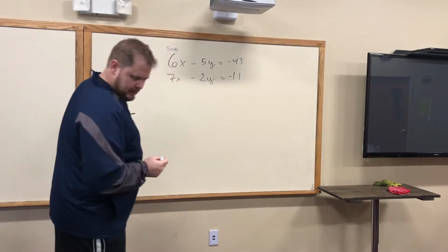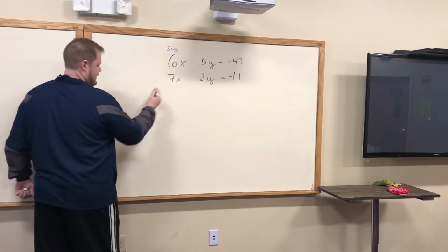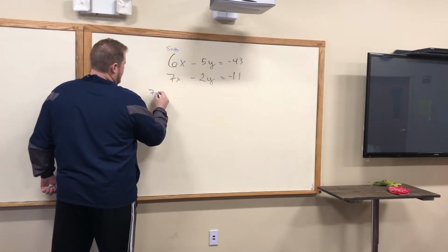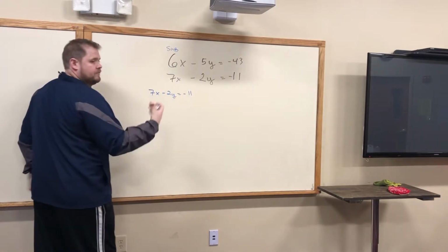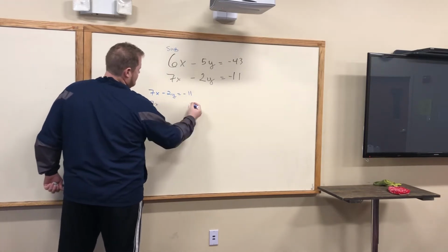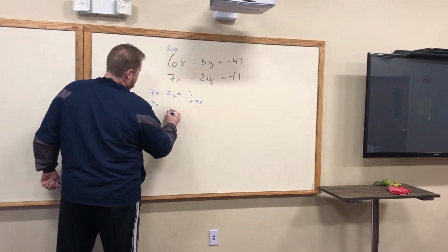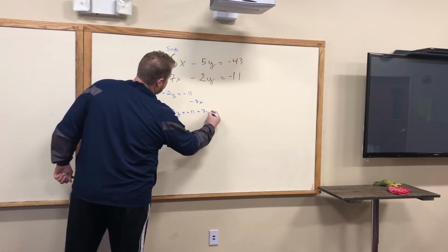Let's say we're going to start with y, solving with the second equation: 7x minus 2y equals negative 11. What do I do first? I'm going to solve for y by itself, so subtract 7x from both sides. I have negative 2y equals negative 11 minus 7x.